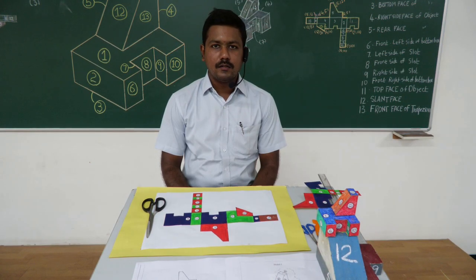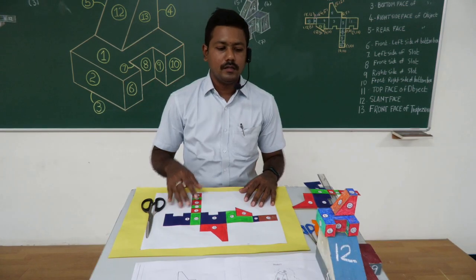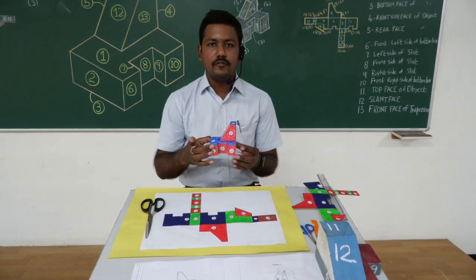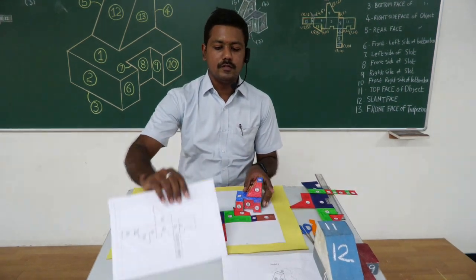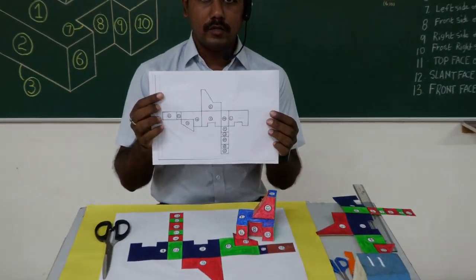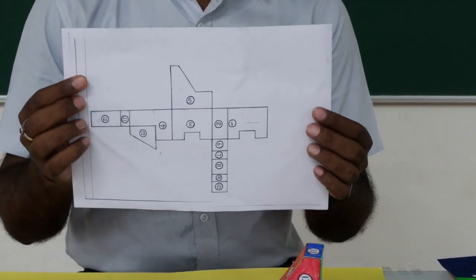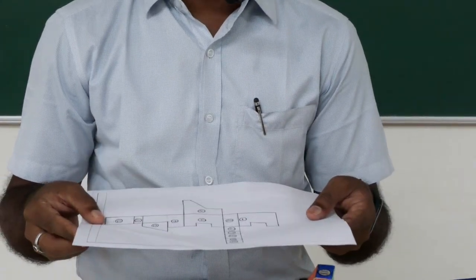So as sir said, now I am going to explain how to make the orthographic model based on the development which we have sent to you. Okay. So this is the development you would have received. So take a printout of this development and stick on to a chart paper.